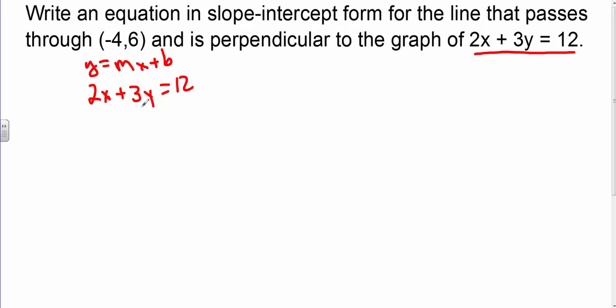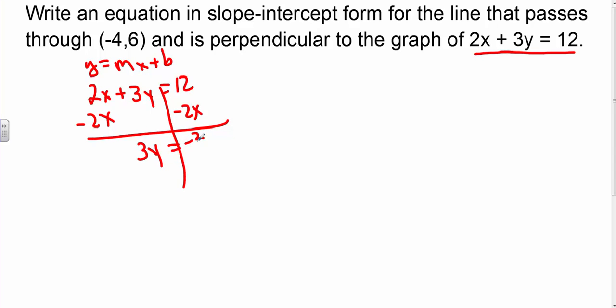We want the y to be by itself, so we subtract 2x on both sides. That gives us 3y equals -2x plus 12. Divide by 3 on both sides.